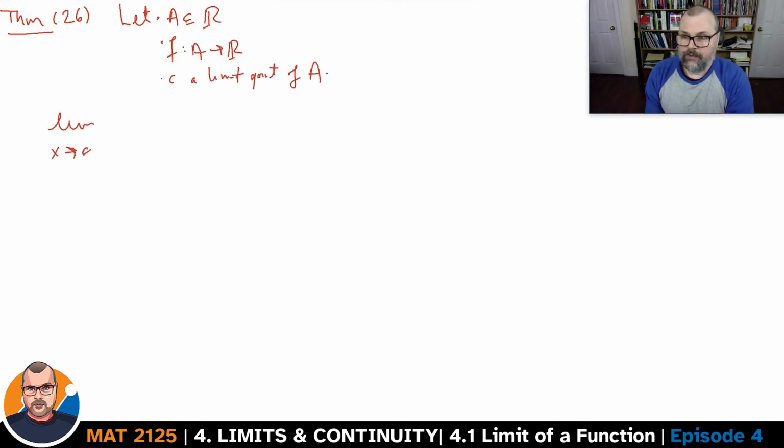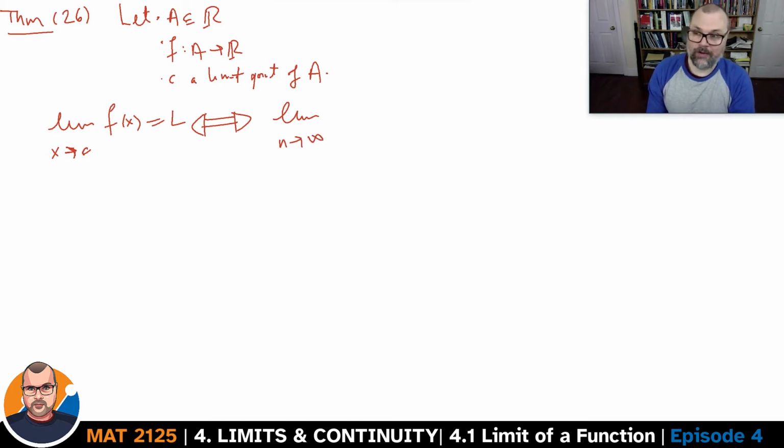The limit of the function f when x goes to c is L if and only if the limit when n goes to infinity of the sequence f(xn) is equal to L, for any sequence xn contained in A such that xn is not equal to c for every n, and xn converges to c. Now notice here we're going to sequences rather than talking about the function.